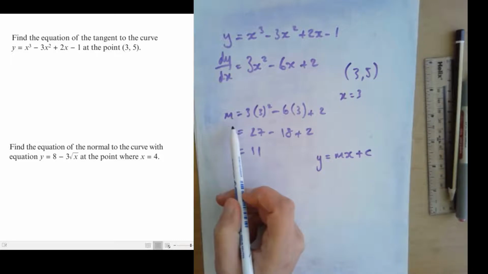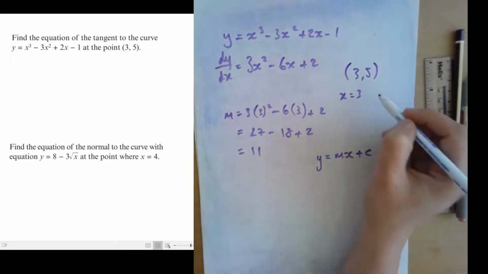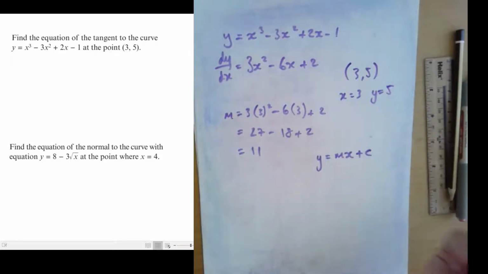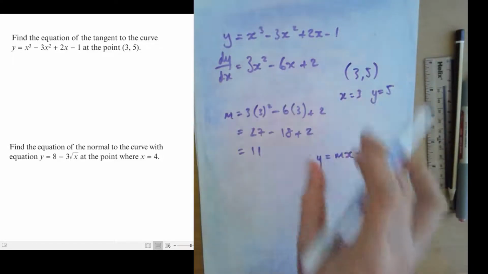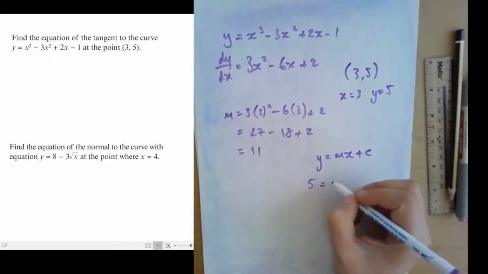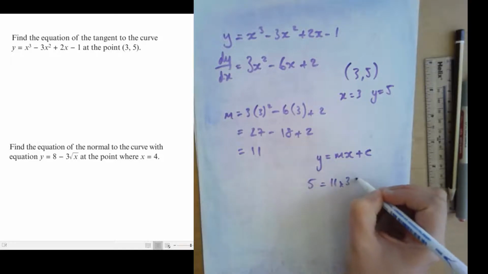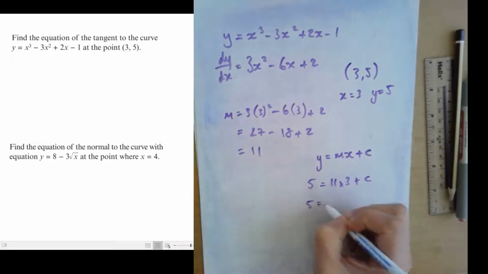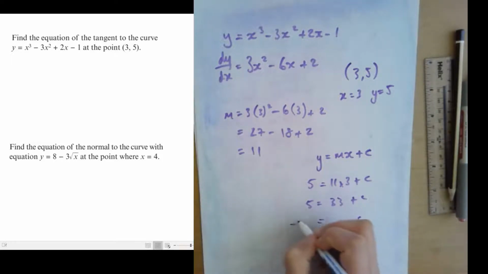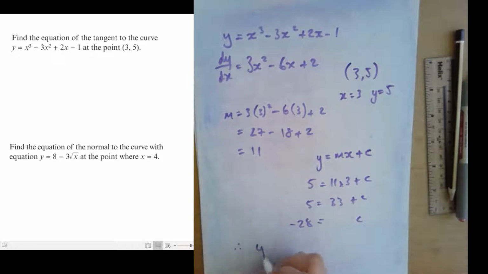So I've just found out the m that I need, and I've got x equals 3, and I've got y equals 5. Okay, so I'm just going to input all of that information into here. So I've got 5 equals 11 times 3 plus c. So it's 5 equals 33 plus c, so c equals negative 28. Therefore, you have y equals 11x take away 28.